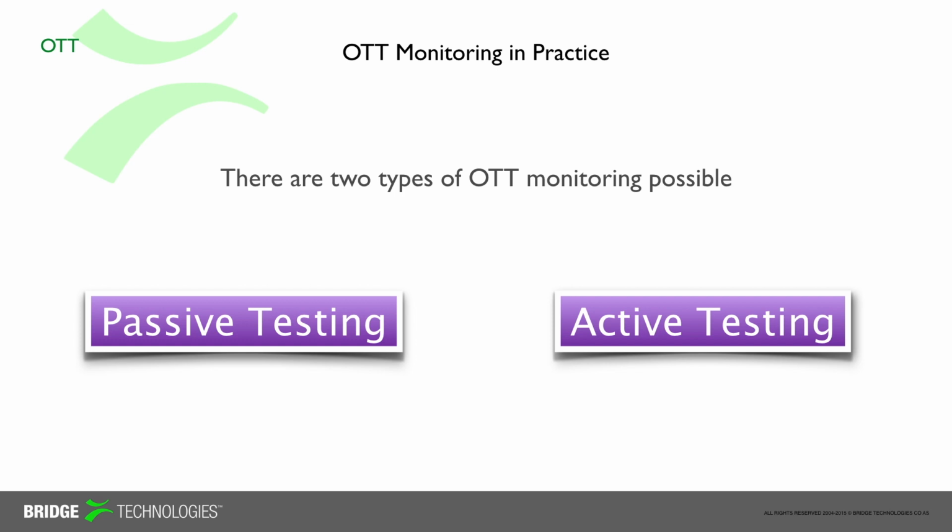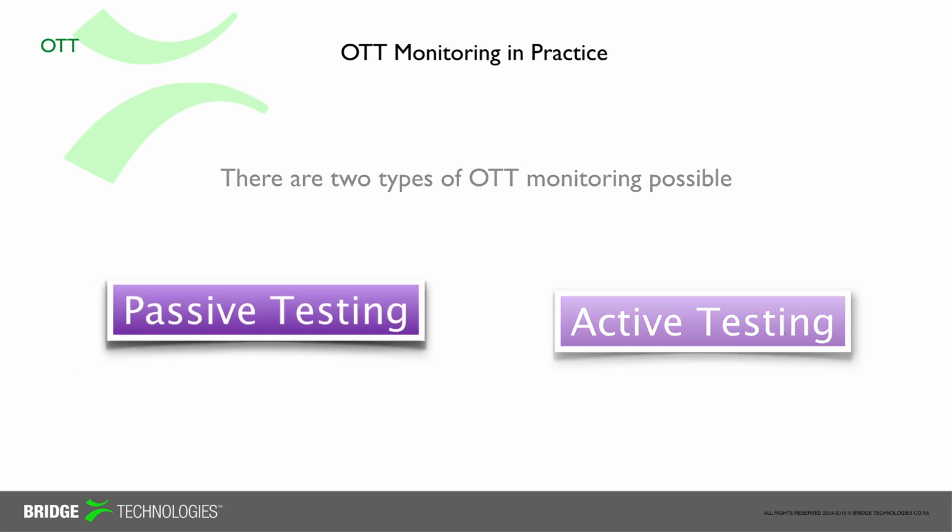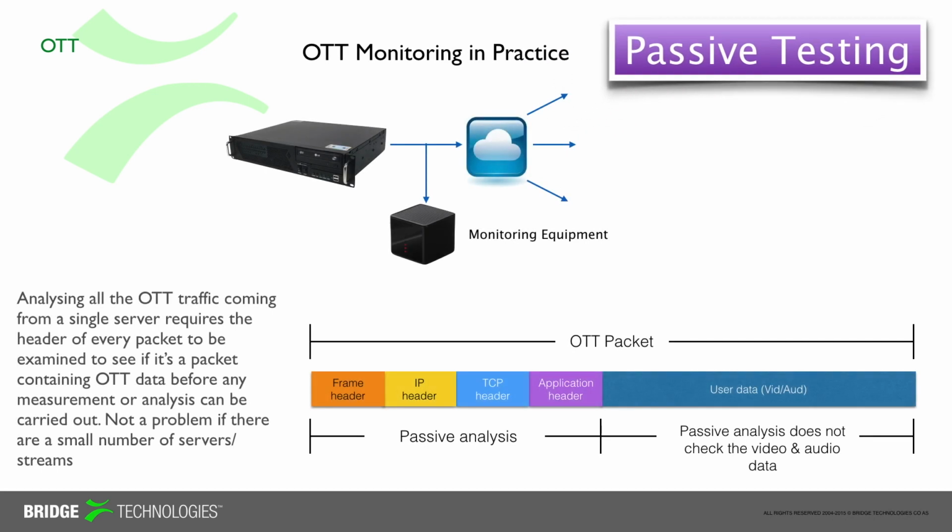But before that, I'll just run you through passive testing so that you've got an idea of what it involves and some of the reasons that we don't actually do a lot of passive testing. Analysing all of the OTT traffic coming from a single server requires that every IP packet be inspected, because unless you inspect the IP packet header, you don't know its destination and what kind of traffic it is.